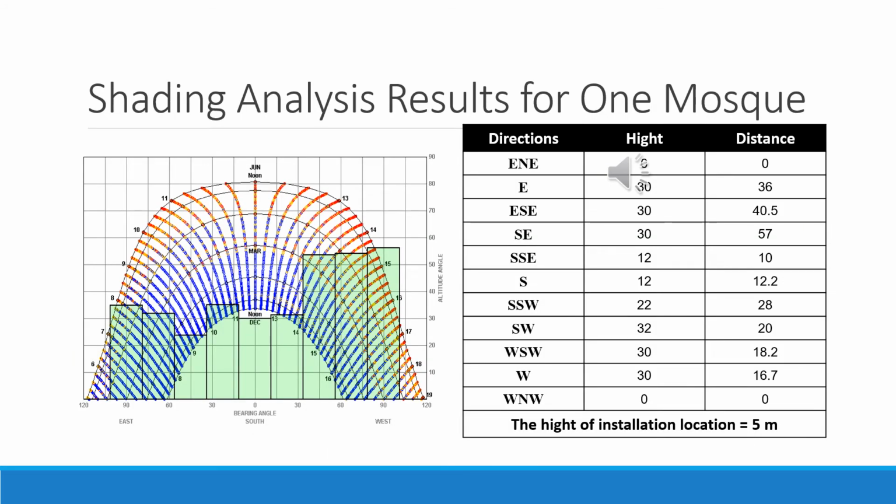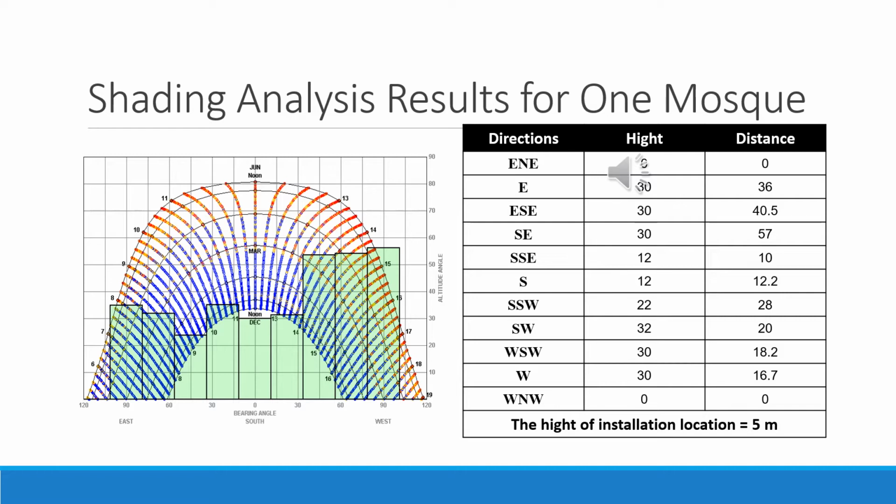Here is the most interesting part that I like from the shading analysis results. On the left is the sun path diagram, which represents the sun movement along the year, and the green bars represent the shadow. As we see here, this is the bad case for the winter.